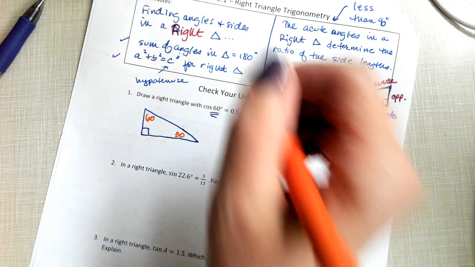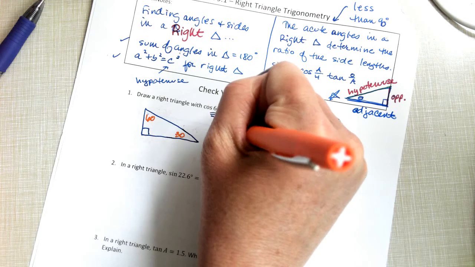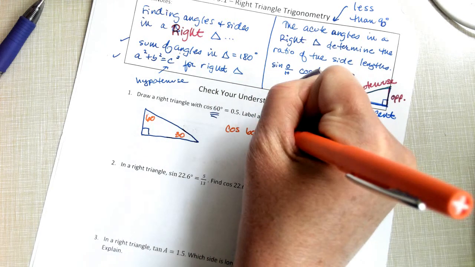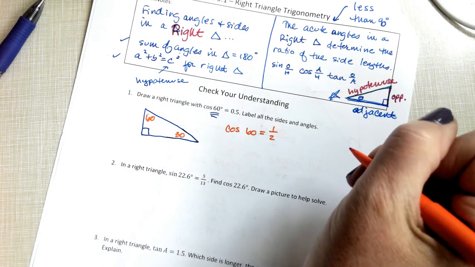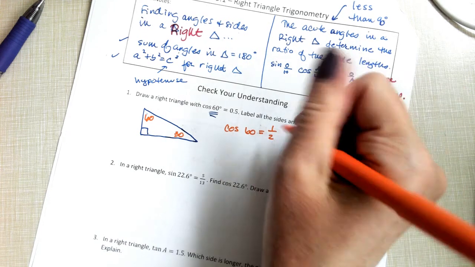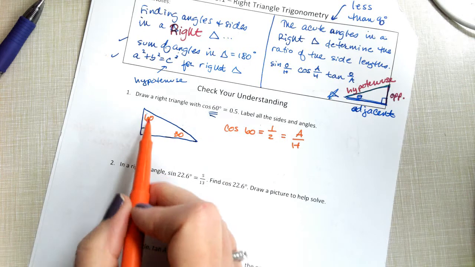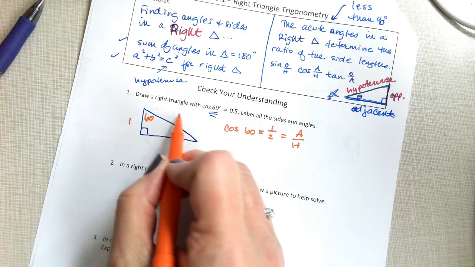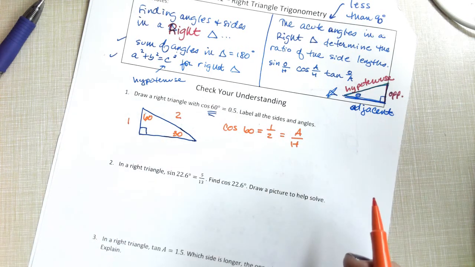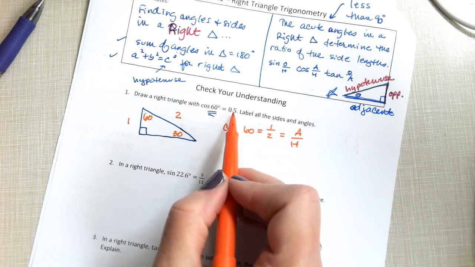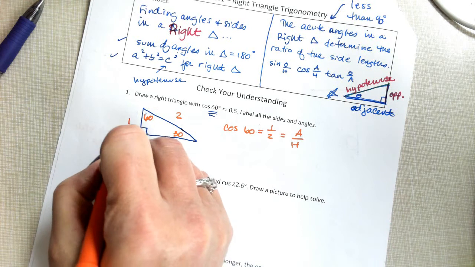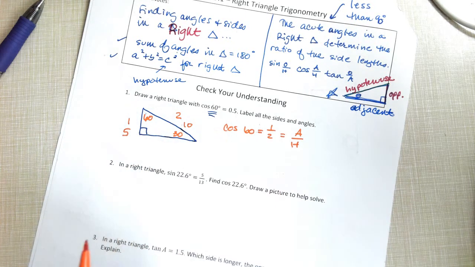If the cosine of 60 is 1/2, and that's adjacent over hypotenuse, let's go from the 60 and call it 1/2. And maybe you liked it when it was 0.5, so if you did 5/10, that's okay too. That's the beauty of this.